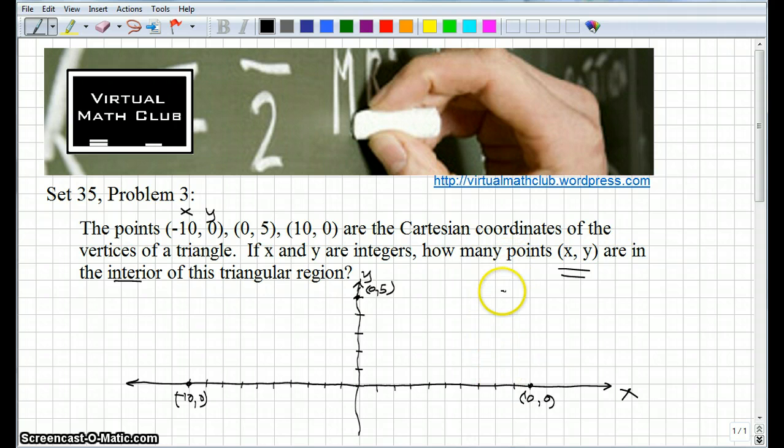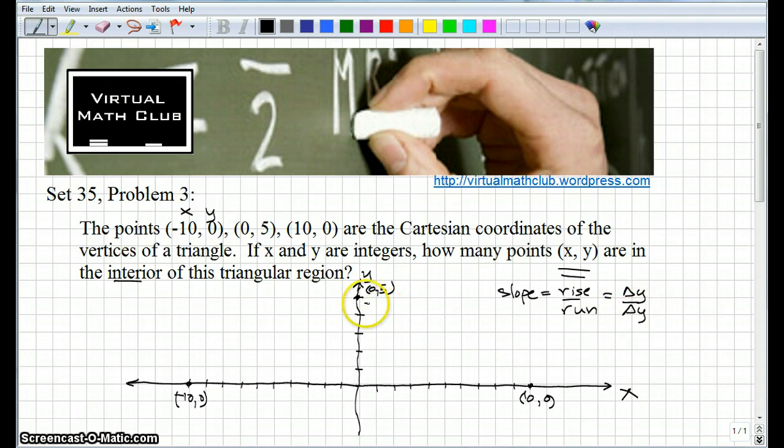So let's look at the slope of these lines, because we want to draw a line connecting (0, 5) and (10, 0), and also (-10, 0) and (0, 5). So let's look at the slope of those lines. The slope is just rise over run, which is change in y over change in x.